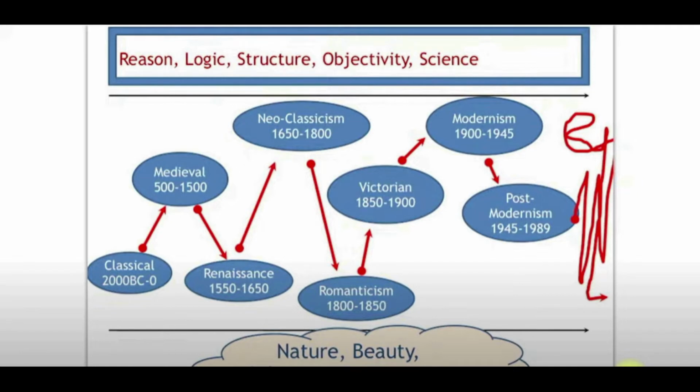Obviously, when we come to the end here at postmodernism, you will see that the thinking has kind of been turned on its head. No one really knows what is up or down or right or wrong.